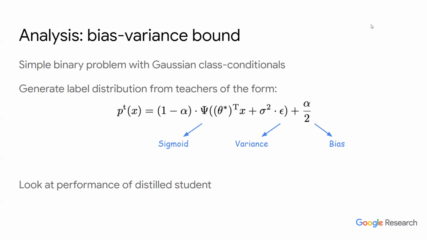Okay, so this is a synthetic example. Basically, we constructed some label distributions from many teachers using this form. This is the label synthetically generated from some arbitrary teacher using some bias term and some variance term, and then we generate the data and train a student to see how they do.